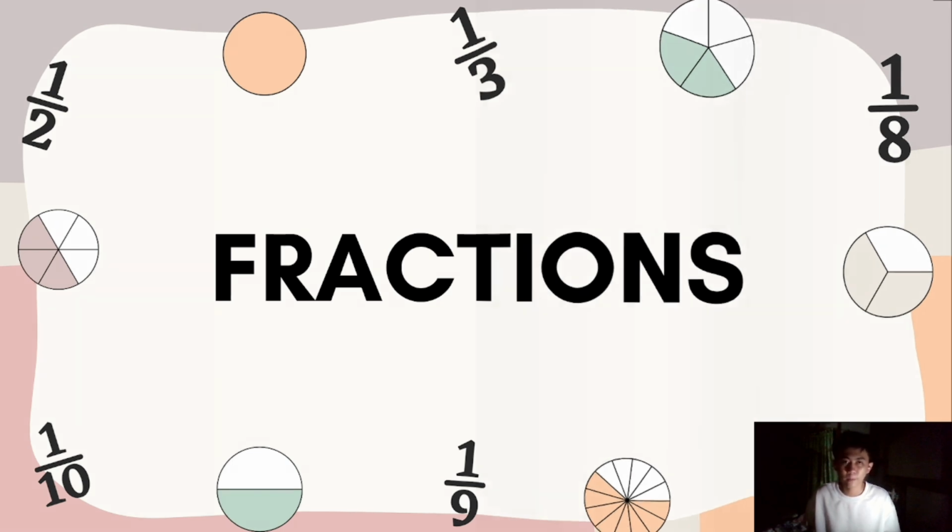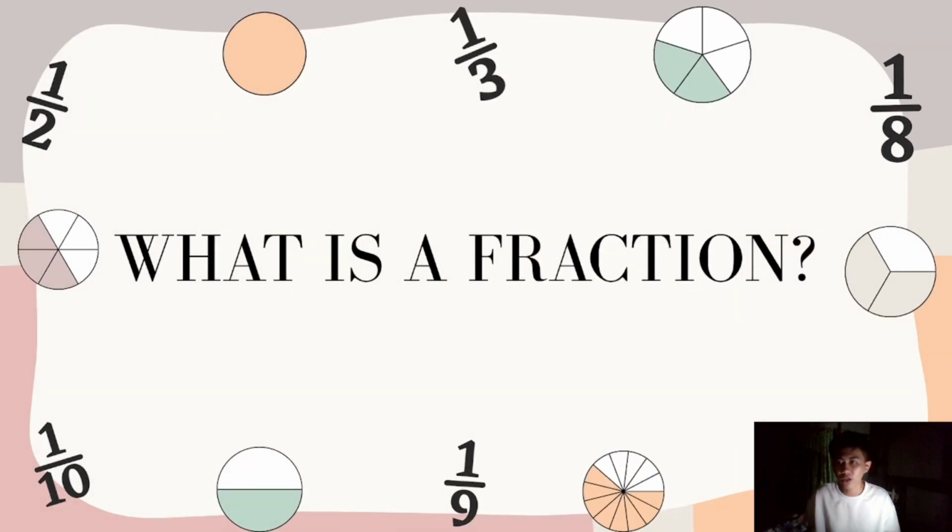So, what is a fraction? A fraction is a way to represent a part of a whole. It's a mathematical expression that describes a ratio between two numbers. Every fraction consists of two essential parts.